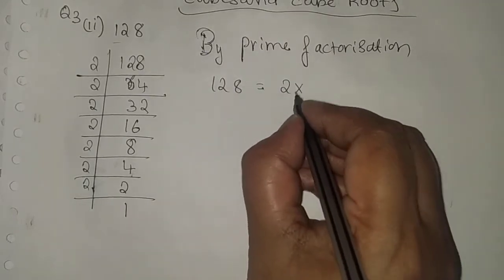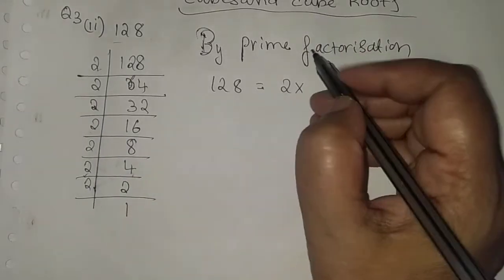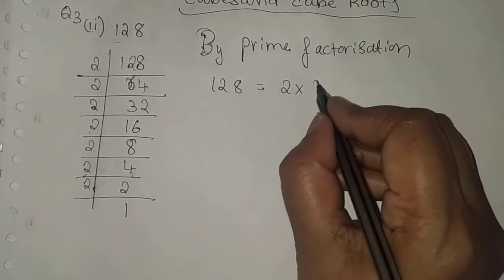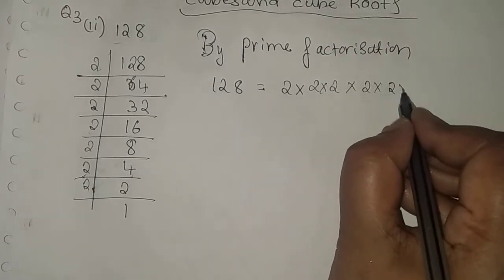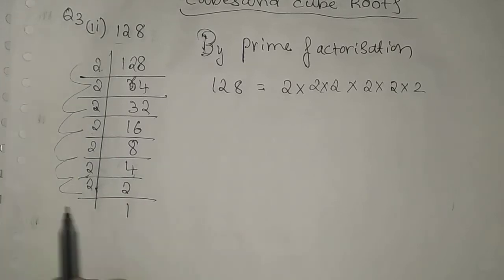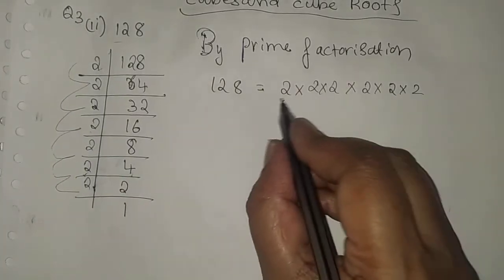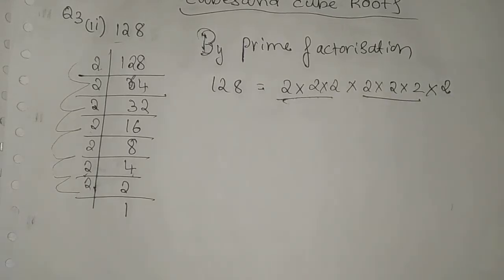We group cubes: 1, 2, 3, 6 twos, and one 2 is left out. There are 7 twos here, so we get 2 triplets and 1 two remaining.